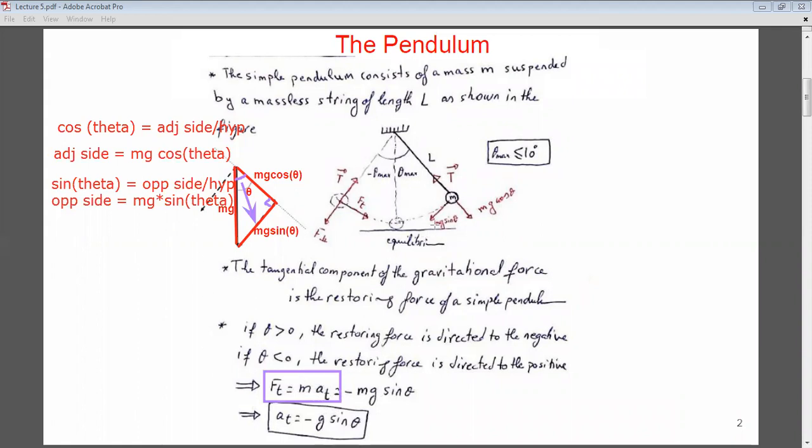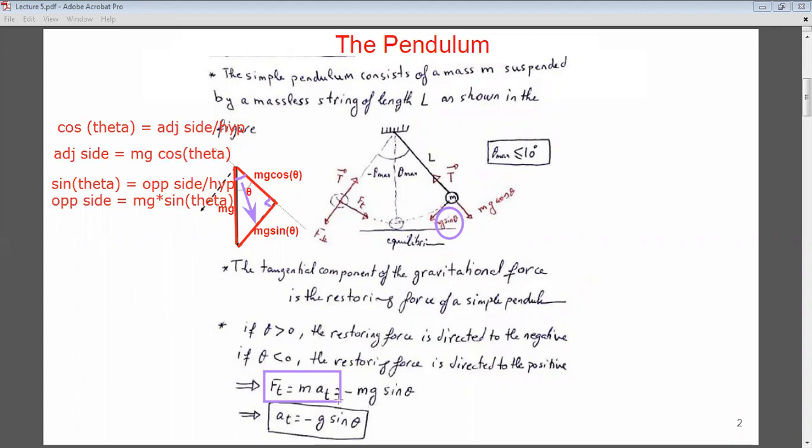The tangential component of the force is mg sine theta. Why is it negative? Because if theta is positive, the force is negative, and if theta is negative, the force is positive. That's why there is a negative sign.